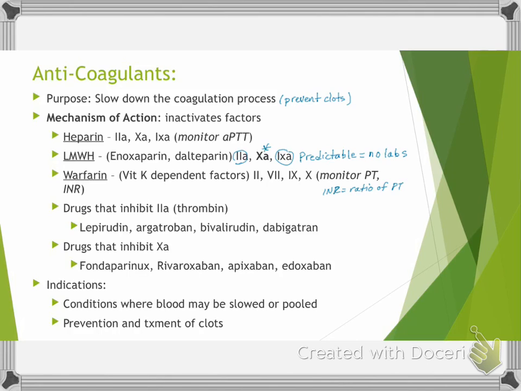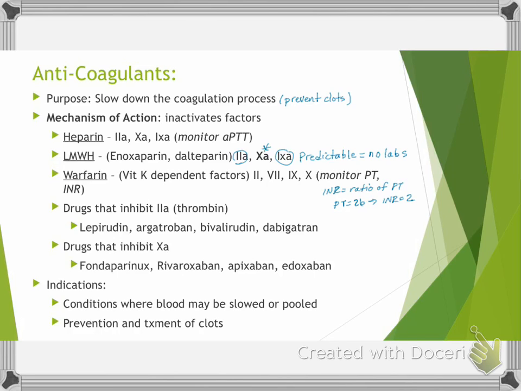Say they had a PT equal to 26, then that would be the same as an INR equal to 2, because it's 2 times longer than the normal PT time. See what I mean? So if normal is 13 seconds, and then all of a sudden we get a PT of 26, that means our INR is 2.